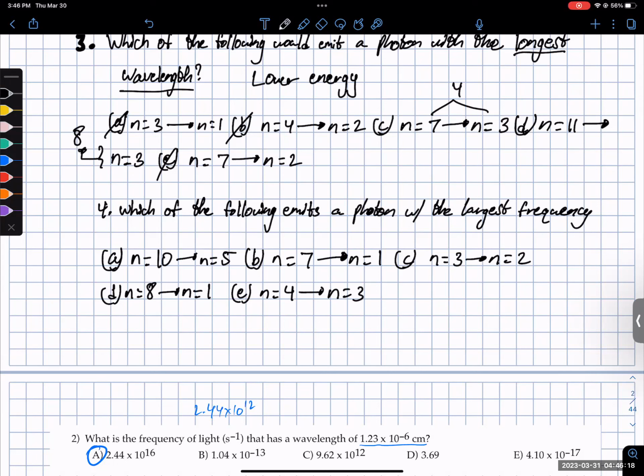So that means more energy is required, or it's more energy levels you jump down. So you can eliminate D, and our correct answer is option C, because that's our lowest energy out of all of these options. Any questions about how I got there?